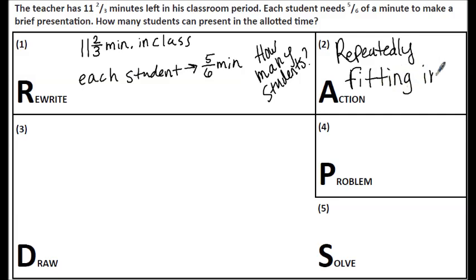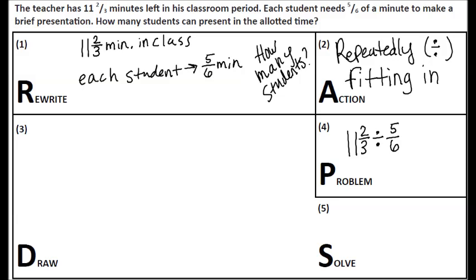So we are actually repeatedly fitting in these students, and that model is going to be division. So with division, we start off with how much we have. We have 11 2/3 minutes in class, and we are repeatedly fitting in or dividing that time amongst students, giving each student 5/6 of a minute. So that is our division problem.